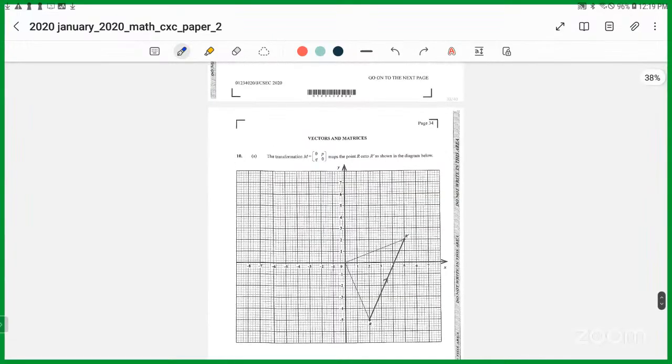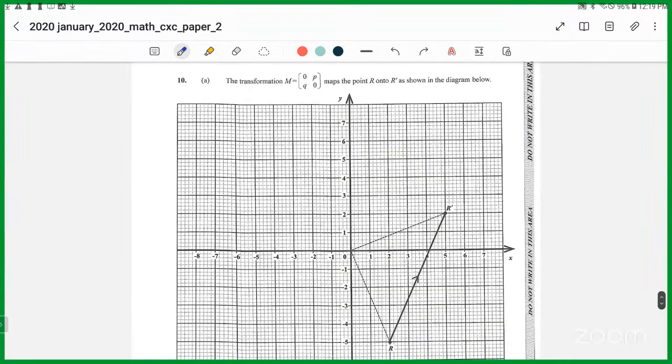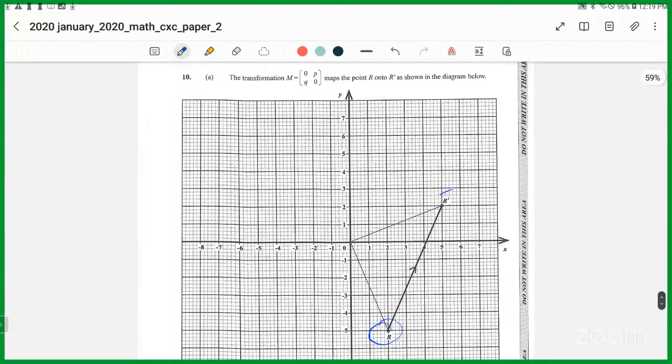Alright, here we go. What does the question say? This question says the transformation matrix (0, P; minus 1, 0) maps R to R prime as shown in the diagram. So it maps this point to this point. And they're showing this like a center rotation.